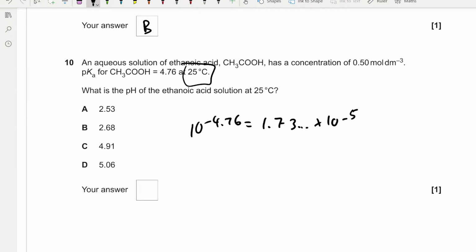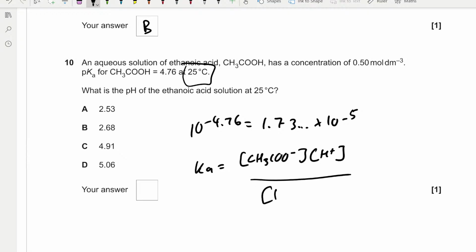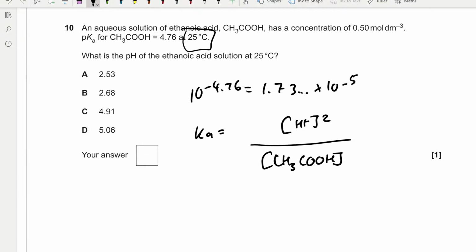And then to calculate Ka, you do this equation. But we can assume the concentration of H plus is equal to the concentration of the conjugate base, CH3COO minus. So it's just H plus squared. And then we need to rearrange to find the concentration of H plus. So it's going to be equal to the square root of Ka times CH3COOH.